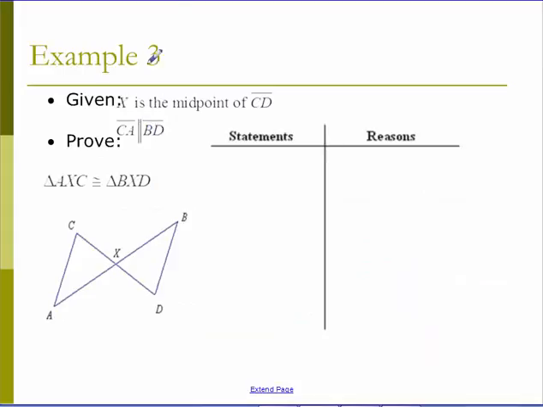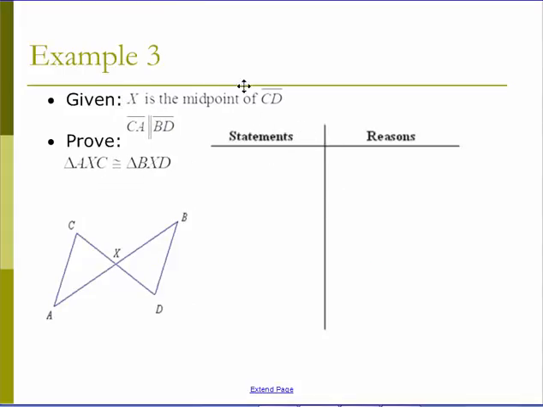Alright, we know, again, this didn't show up quite right. Let's move those around. We know X is the midpoint, and we know that two lines are parallel. So step 1, X is midpoint. And it's important to list which segment it's the midpoint of. It's the midpoint of CD only, and I know that CA is parallel to BD. All right, so that's my given.